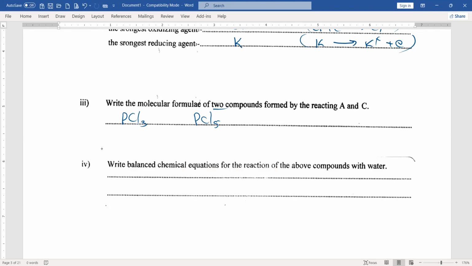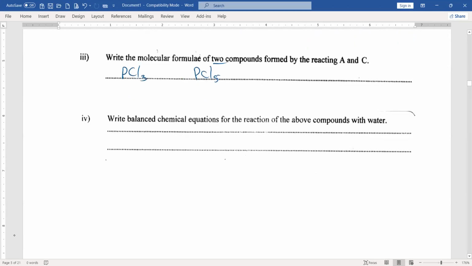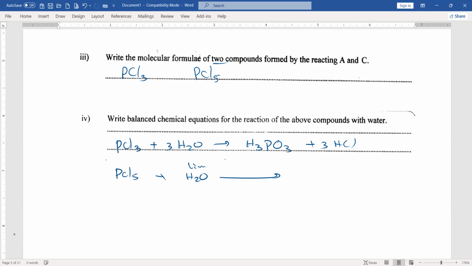Next one, write the balanced chemical equations for the reaction of the above compounds with water. Yes, we can write down like this. PCl3 reacts with water, giving H3PO3 plus HCl, with 3 water. PCl5 plus water with limited amount of water, or 1:1 ratio, you will get the product POCl3 plus HCl.